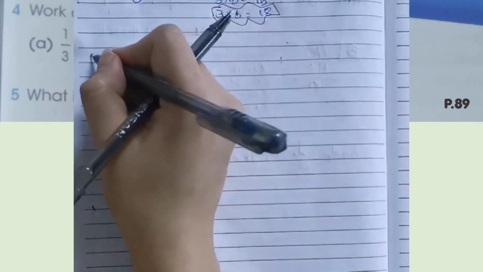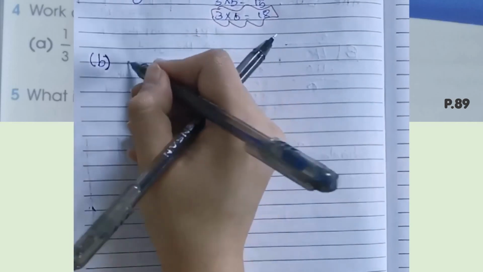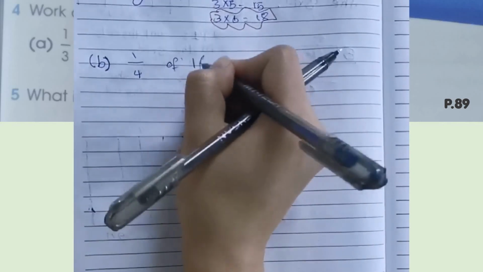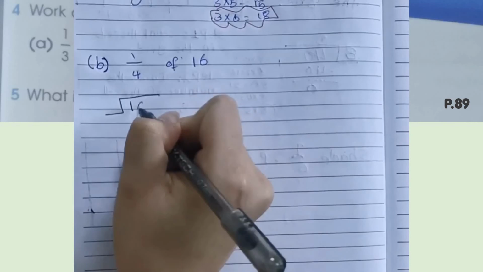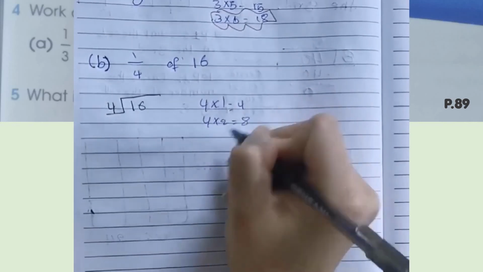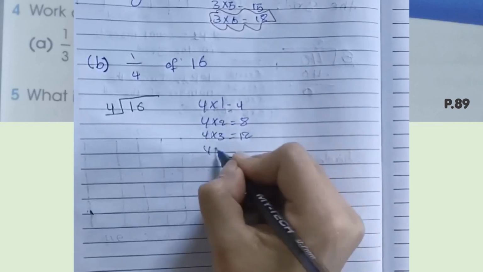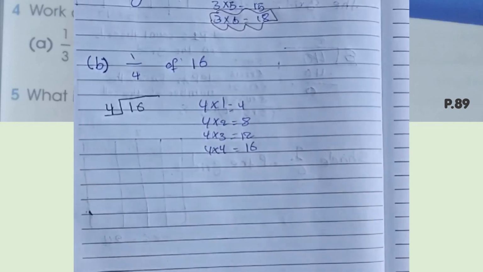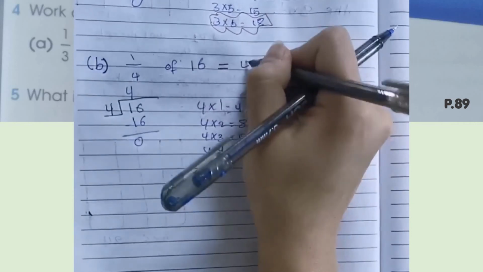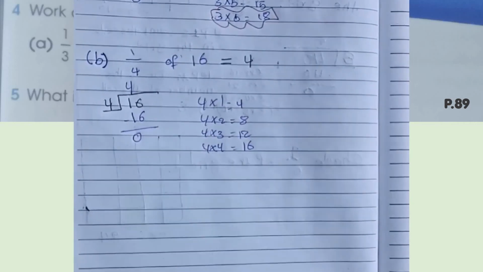Then B, it says, what is 1/4 of 16? Again, 16 divided by 4. We find 16 in the multiples of 4. 4 times 4 is 16. There you have it. 1/4 of 16 is 4.